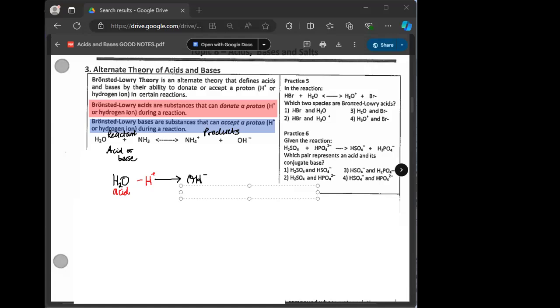Okay. Now we also need to know that after the acid loses a hydrogen ion, the substance it became is called the conjugate base.